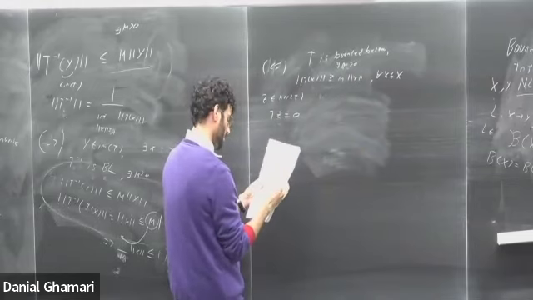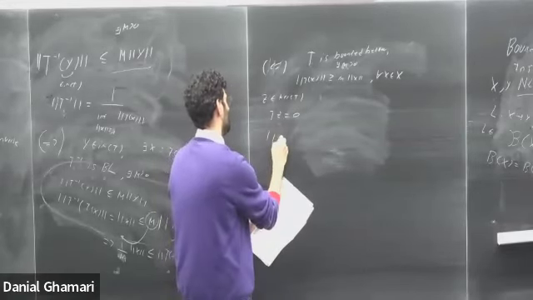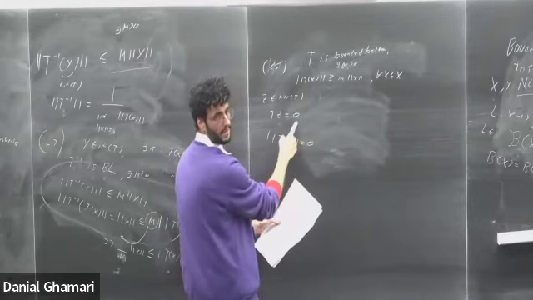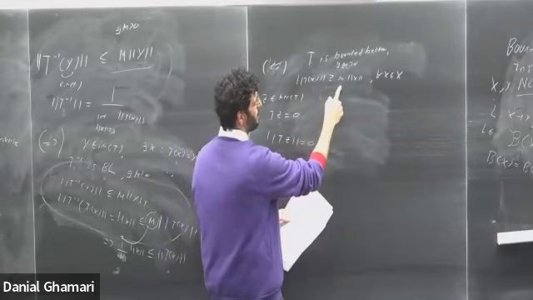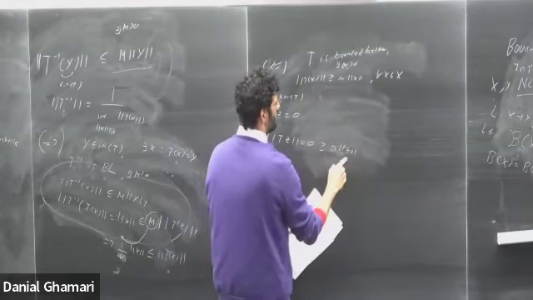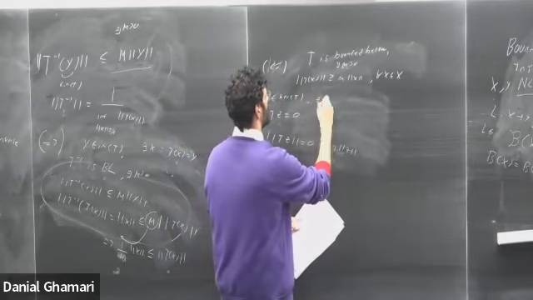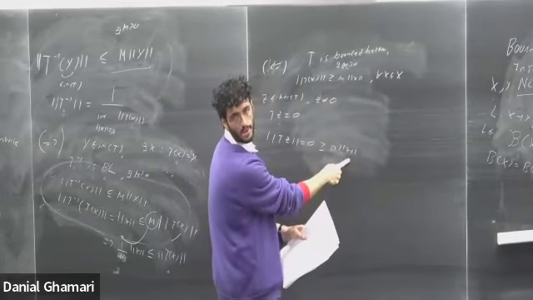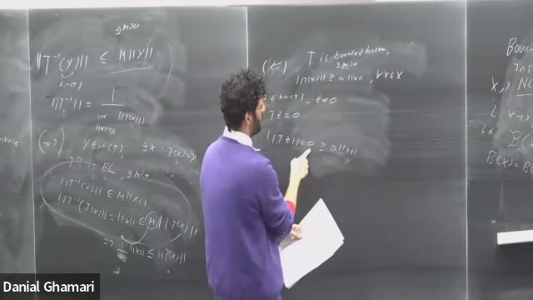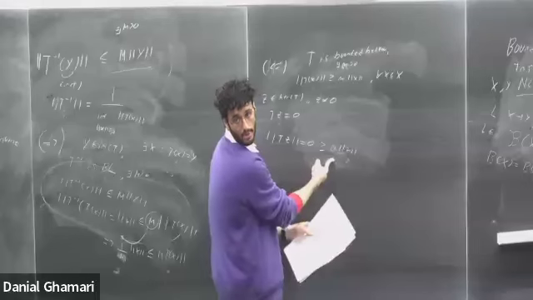So then Tz is going to be equal to 0. I'm assuming that z is in the kernel, but it's also bounded below by m norm z. I'm assuming in this case that z is not equal to the 0 vector, so the norm of z is not 0, and m is greater than 0. So I have 0 is less than or equal to 0 being bounded below by some positive number, so I have a contradiction here.